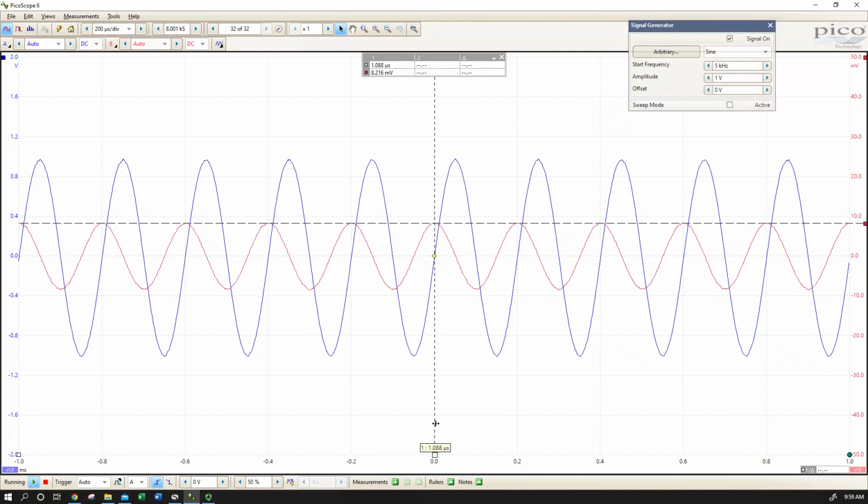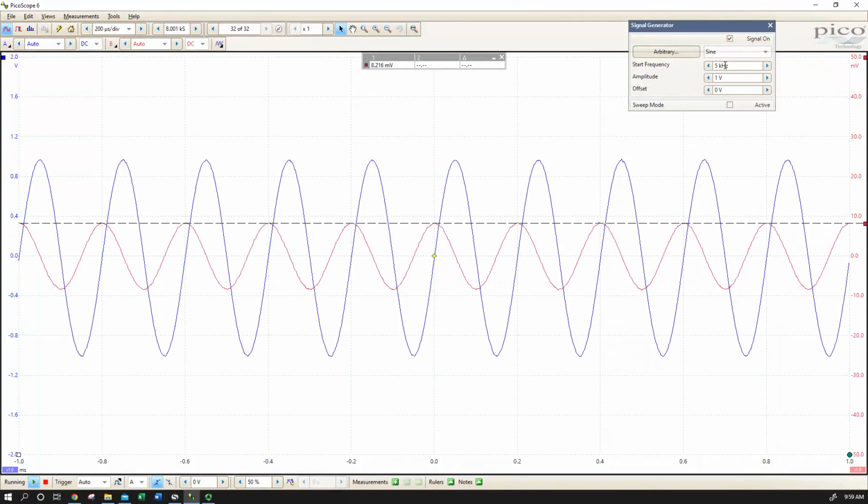And so as we go from a circuit that is net capacitive reactance to net inductive, we should start seeing the position of the peak of our channel B shift from basically to the left of our whole circuit voltage drop to the right. So our lagging-leading relationship is going to change.